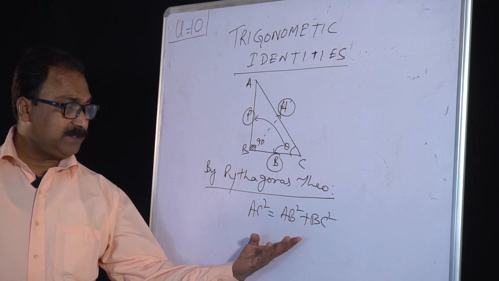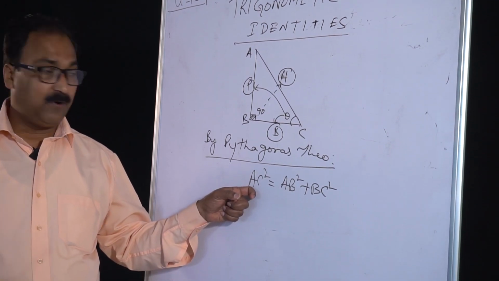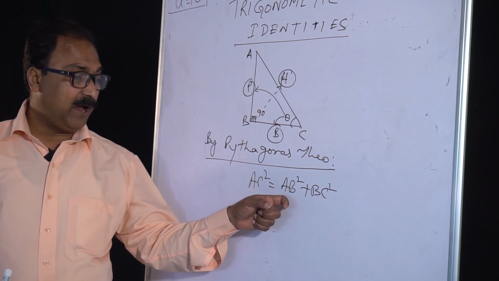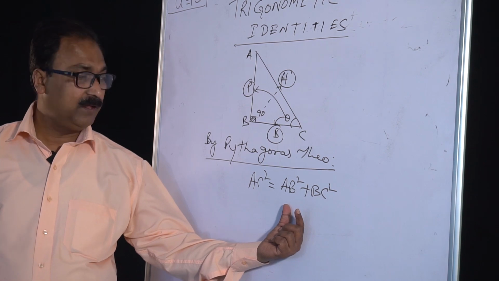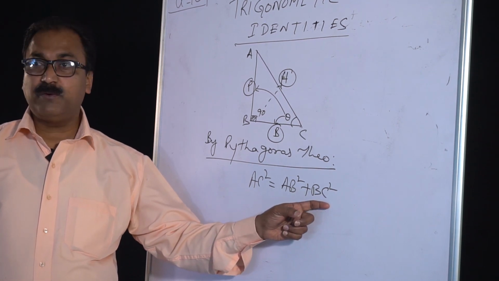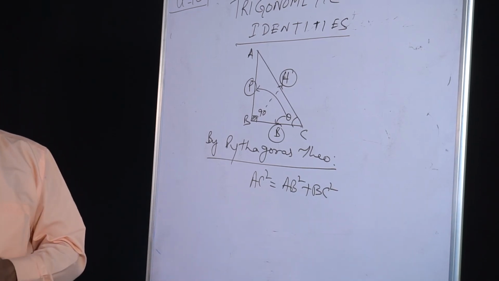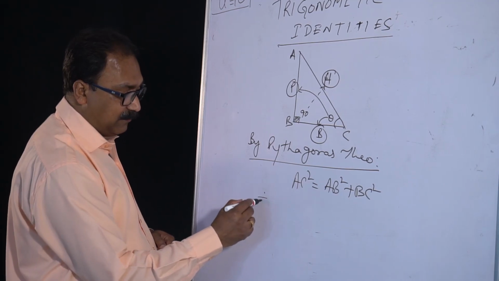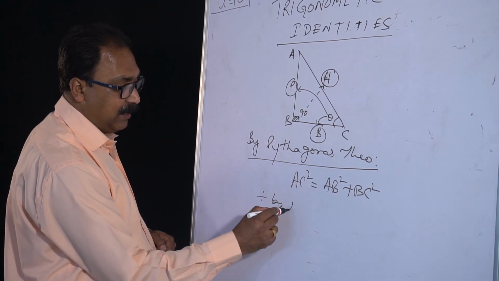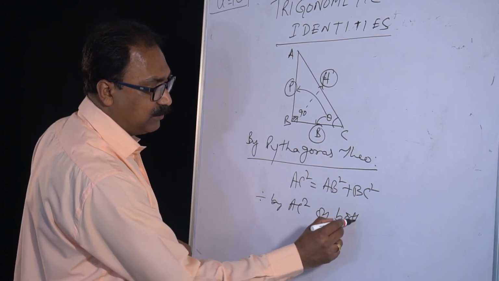Now, if we divide this equation by AC square, you will get one formula. If we divide throughout by AB square, we will get another formula. If we divide by BC square, we will get another formula. So from these three, we can get further formulas. So what will we do here? First of all, write dividing by AC square on both sides.